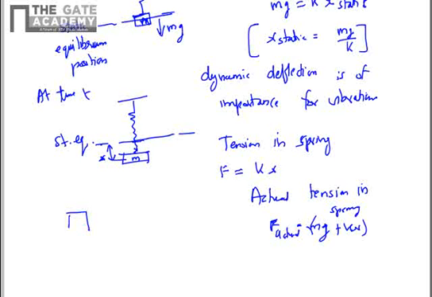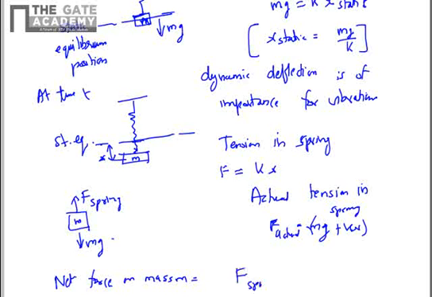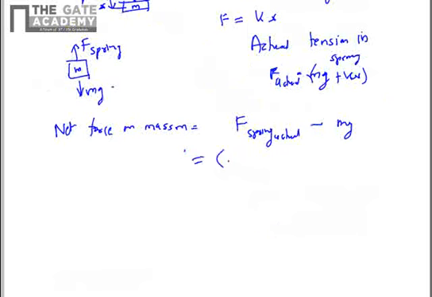So if you consider a free body diagram of mass m, you will have F spring, the actual force in the spring, and downwards you have the weight mg acting. So net force on mass m will be equal to F spring actual minus mg. So this will be equal to mg plus kx minus mg.